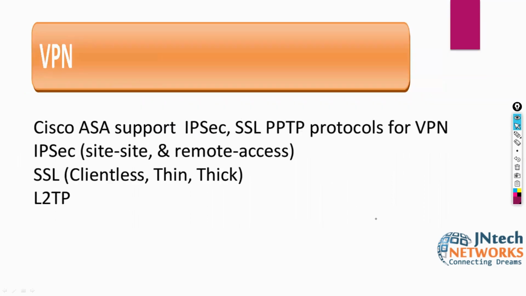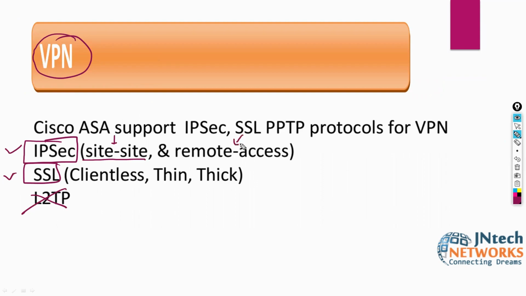Now you can implement the VPN concept on Cisco ASA like other vendors. You can go with site-to-site VPN implementation, or you can implement IPsec or SSL. L2TP is not your topic, so you can implement IPsec and SSL. In IPsec, we can focus on site-to-site VPN and remote access VPN.